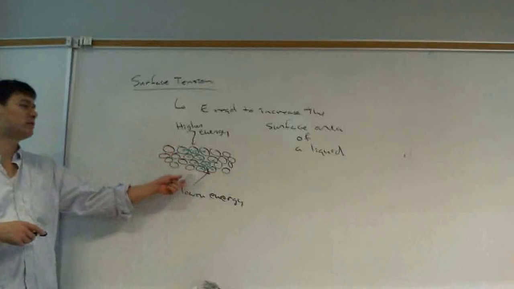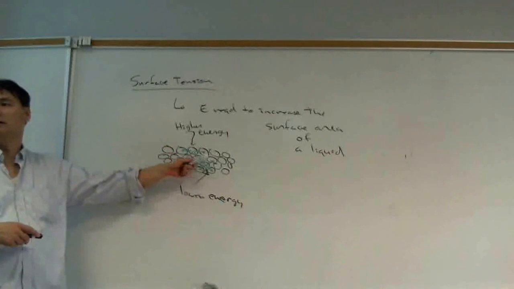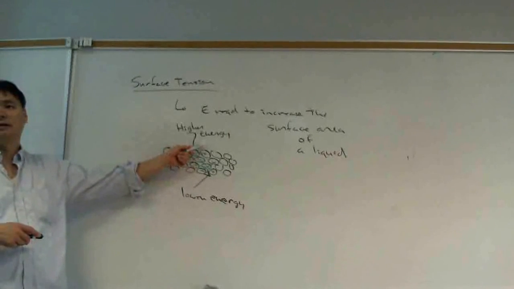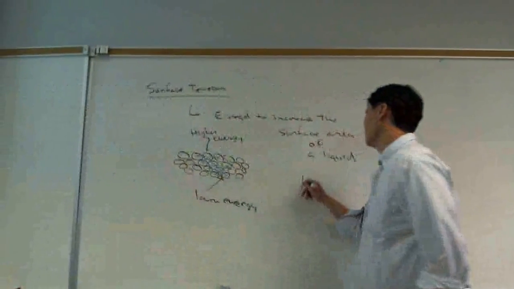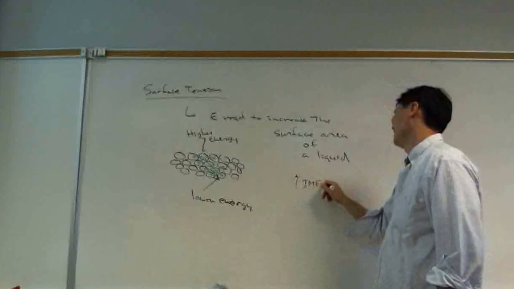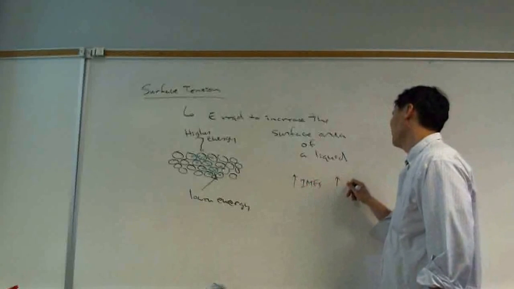In order to increase the surface area of a liquid, you have to go from lower energy to higher energy to create more surface molecules. In other words, you have to break some of these intermolecular forces to bring molecules up to the surface. So the stronger the IMF, the higher the surface tension.